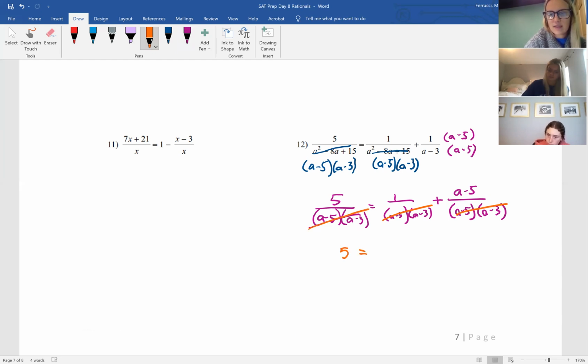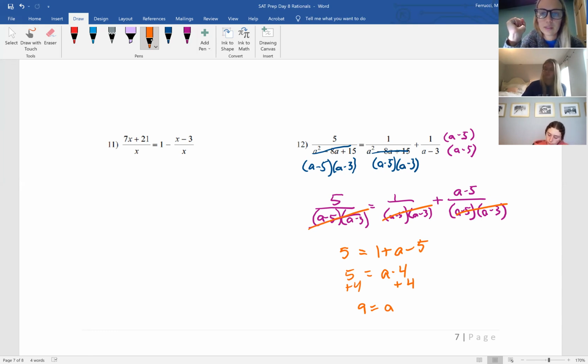So we could just say it's 5 equals 1 plus a minus 5, or 5 equals a minus 4. And if you added 4 to both sides, you get 9 equals a. If you were to plug that in to all the denominators, you would not get 0. So this is an acceptable answer.